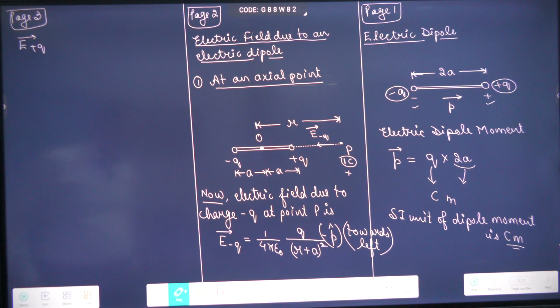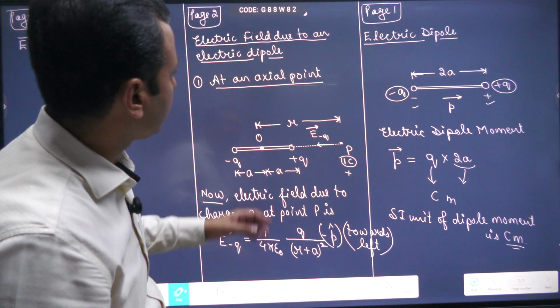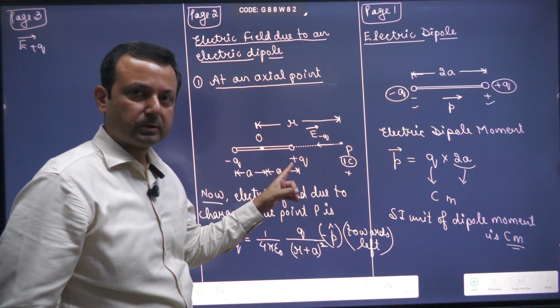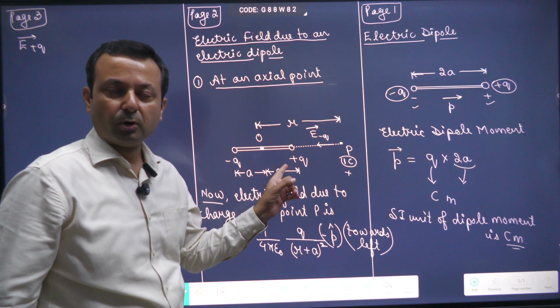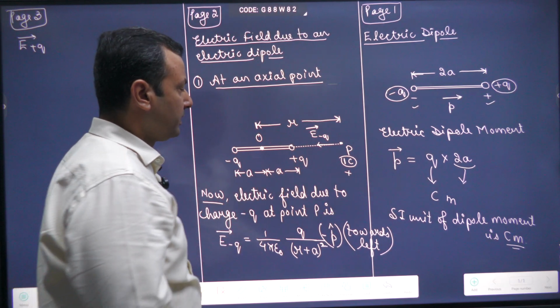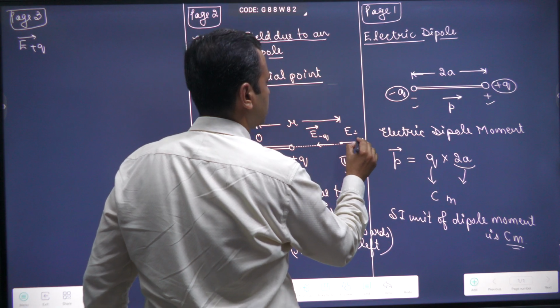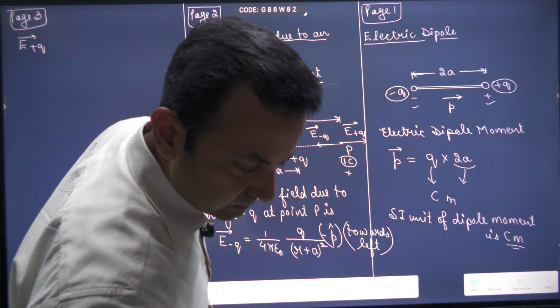Think again: what will this positive charge do to this positive charge? It will repel it. Positive repels positive. So the electric field will be like this. E plus Q will be like this.